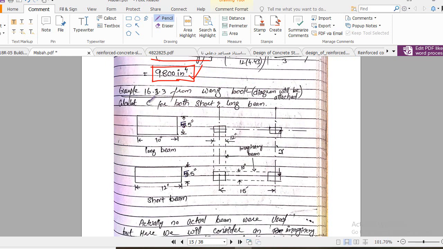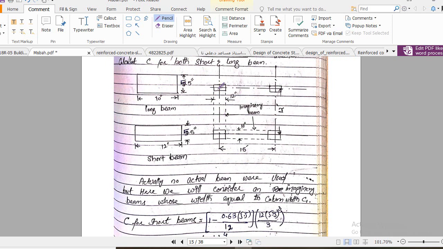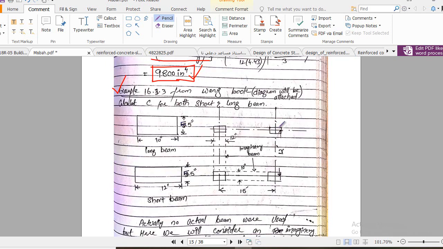Similarly, from that book, if you see example 16.3.3, in that case, for example, you have an edge beam. Wang's book calculates C for both the short and long direction. So this is the short direction, sorry, this is the short direction and this is the long direction.